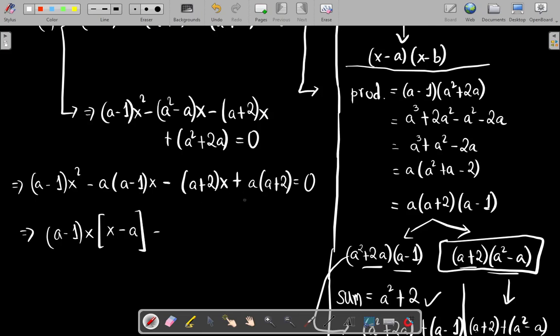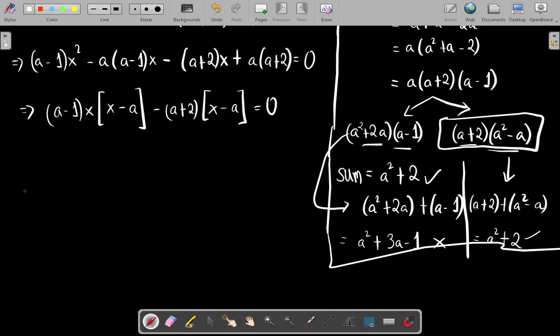Similarly, from the last two terms, if I take common a plus 2, what is left is x, and since minus is taken common, we are left with minus a. So the factorization now becomes x minus a times a minus 1 times x minus a plus 2.